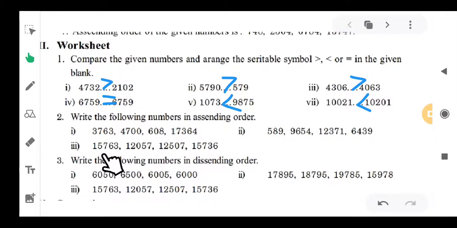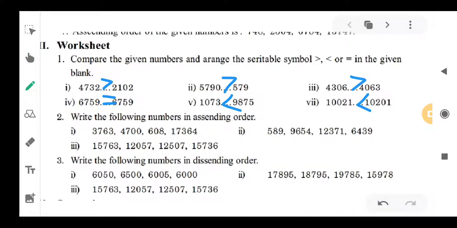And after in this you have to compare, this is 1, this is also 1, this is 5, this is also 5, this is 7, this is also 7. So go for next place, this is 6, this is 3. So naturally this is the smaller one.